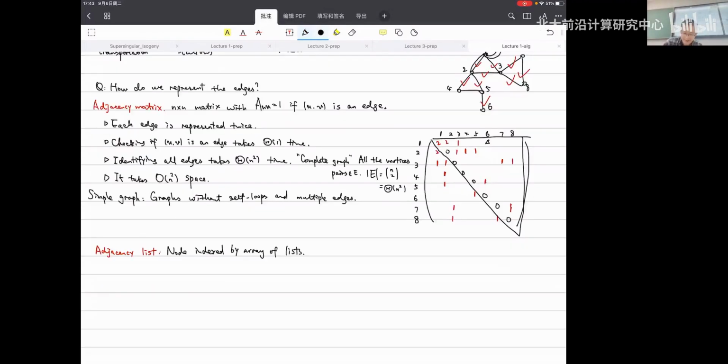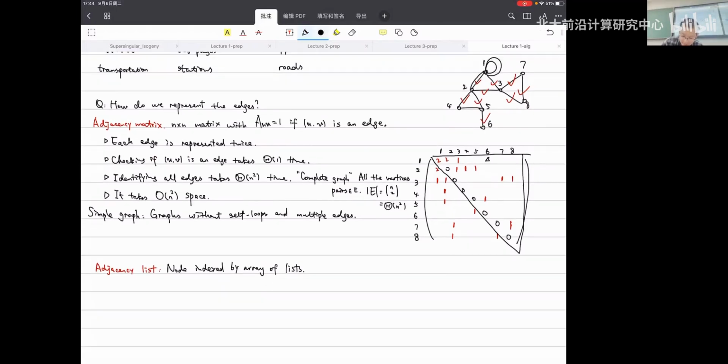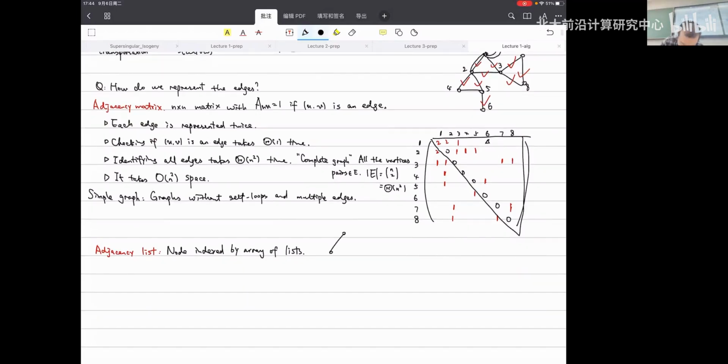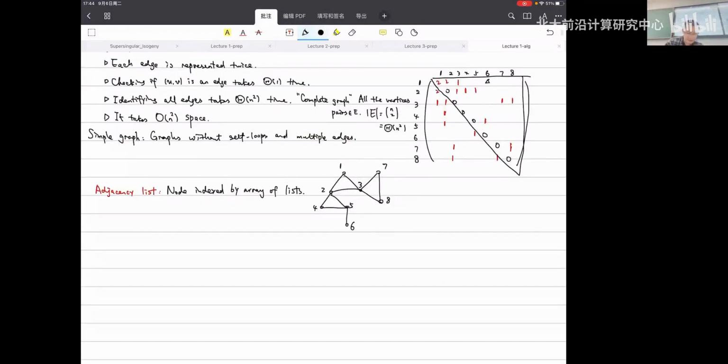Let's take another look at this graph. I'm talking about simple graphs, so it is the one that we just talked about, with vertices 1, 2, 3, 4, 5, 6, 7, 8. For the adjacency list model, we are going to store something like this.